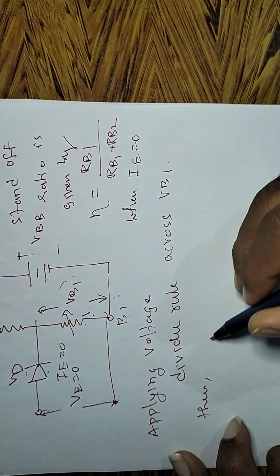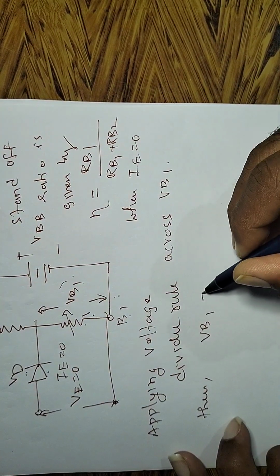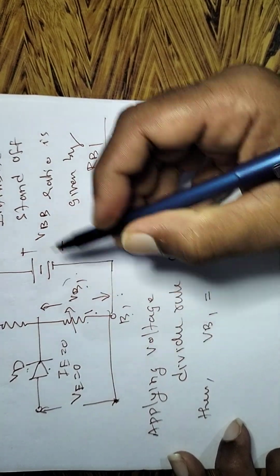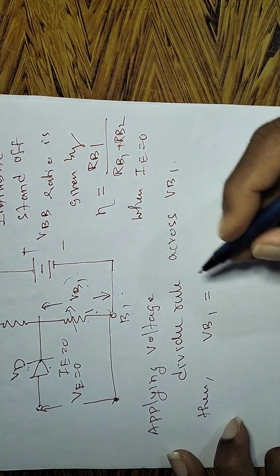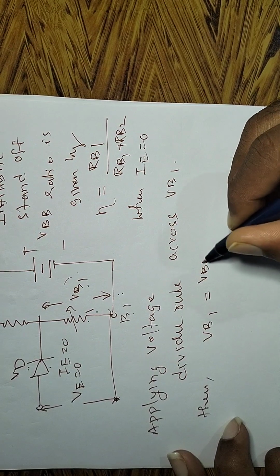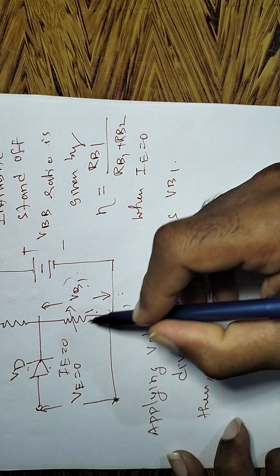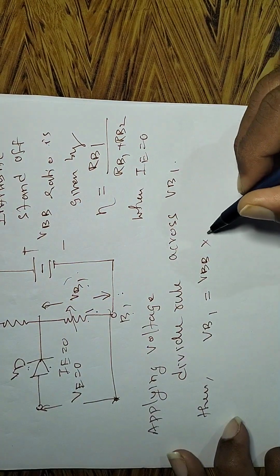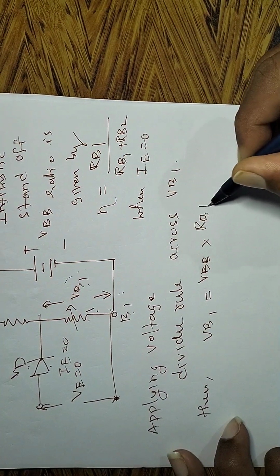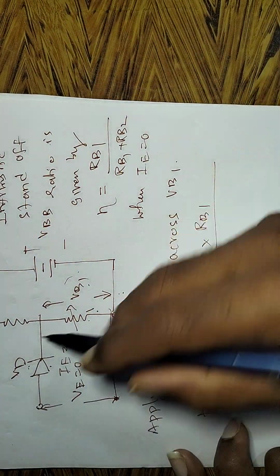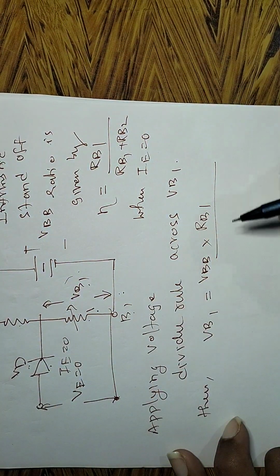The drop across here, VB1, equals the total voltage, that is VBB, times the drop across the variable resistance, that is RB1, divided by the total resistance, that is RB2 plus RB1.